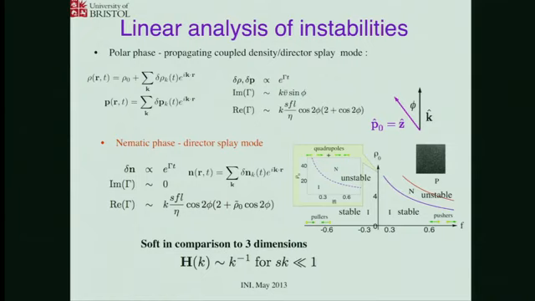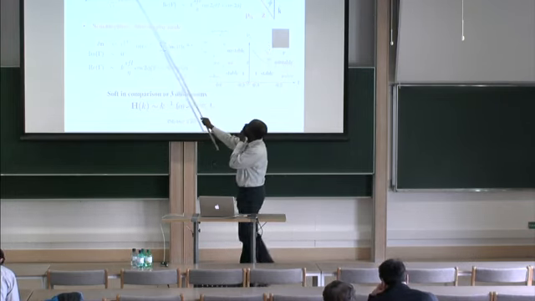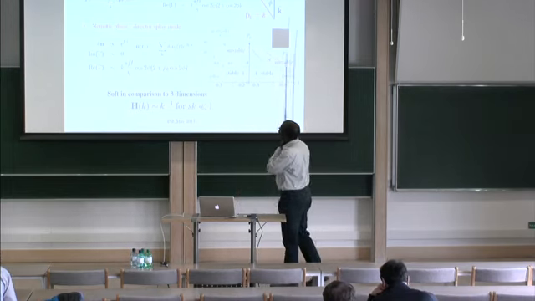So now we've found this bulk behavior, which we got by ignoring variations in the fields. We can now do a linear stability analysis to ask what happens when you allow modulations of the density and the polarization. We put in little modulations of density and polarization in the polar phase.